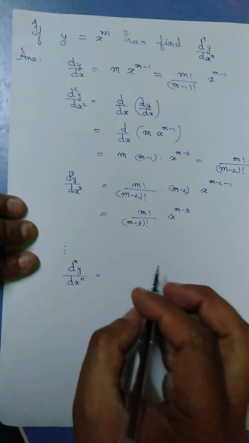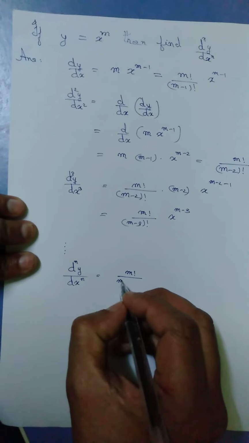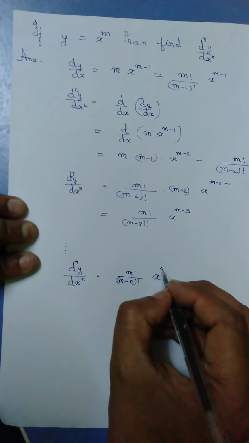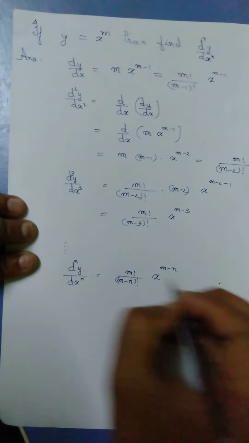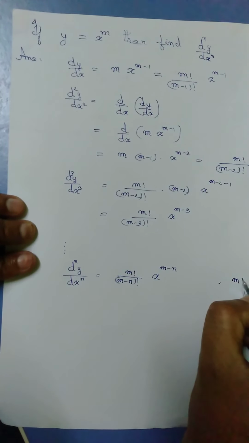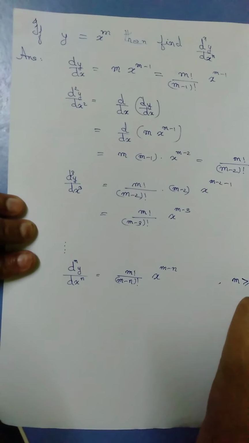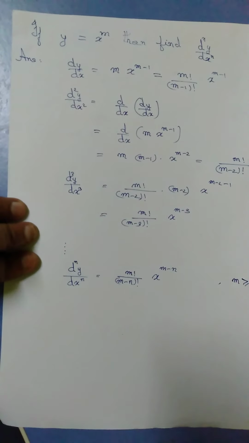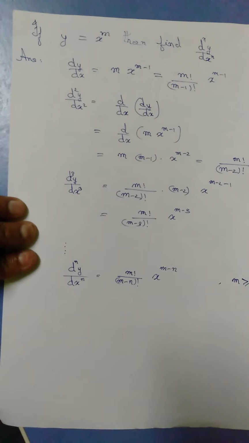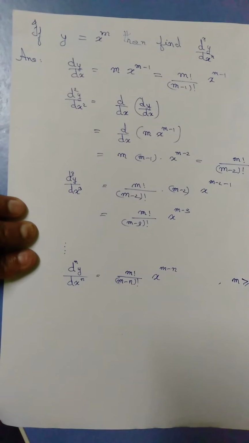We should have factorial m by factorial m minus n into x to the power m minus n, where m is greater than or equal to n, and n is greater than 0. If you take the 0th derivative, you can write n equal to 0 as well, no problem.